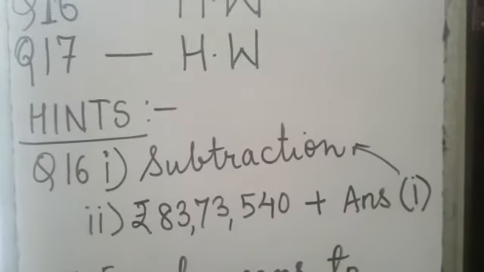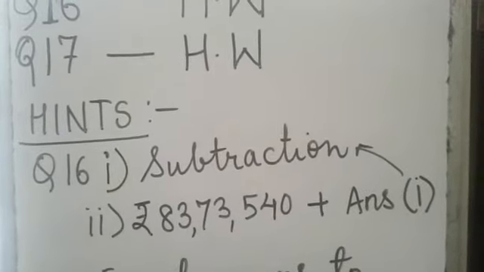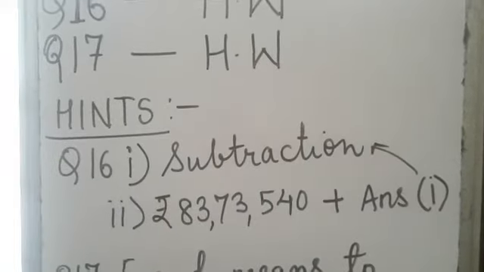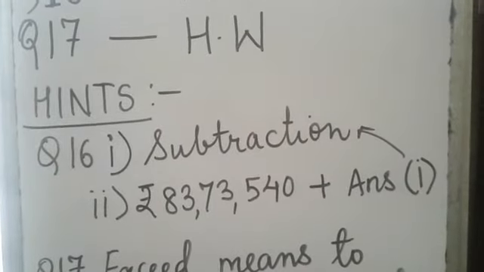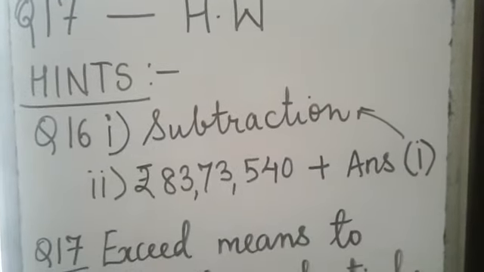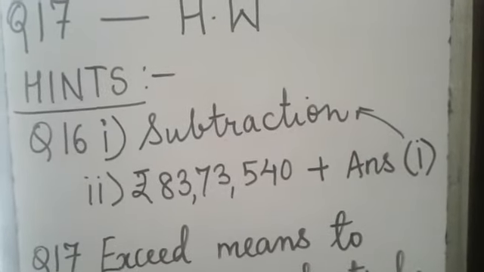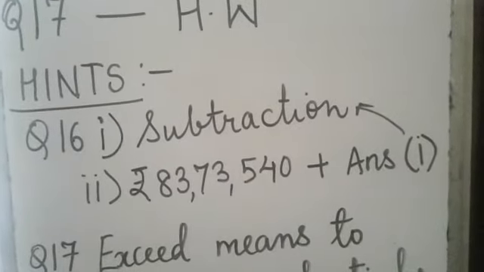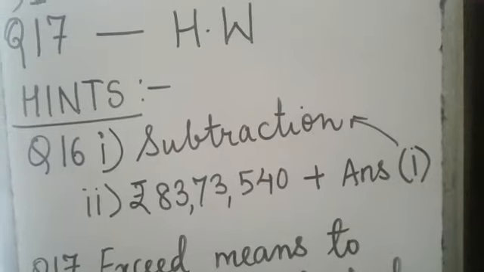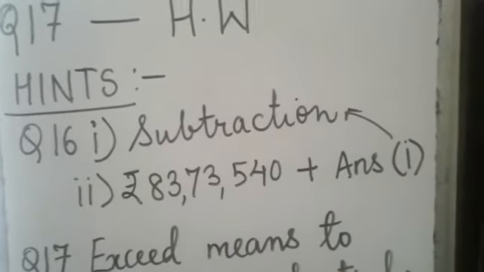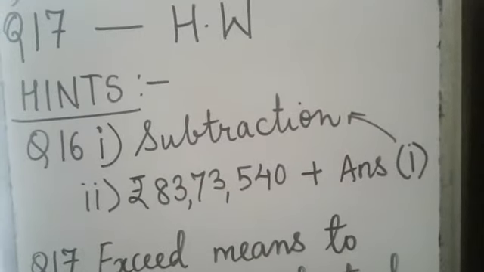First answer: what was the sale receipt of the company during the second year? I have written rupees 83,73,540 plus, extremely sorry, minus 7,84,670. Let me repeat it once again, there was a confusion.